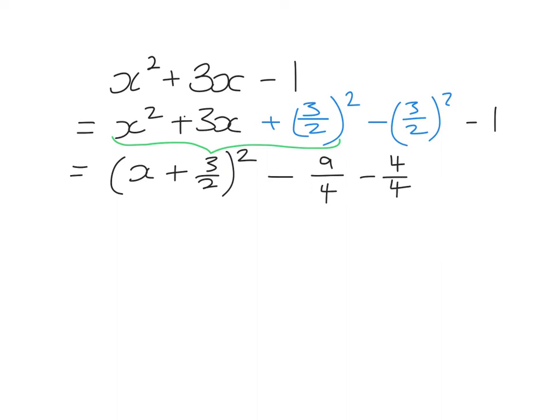So 1 is equal to 4 over 4. So this is now equal to x plus 3 over 2 squared, take away. Now that we have a common denominator with the fractions, we just deal with the numerator. So we're going to have negative 9 take away 4 is negative 13 over 4.